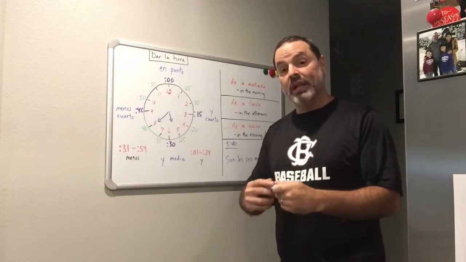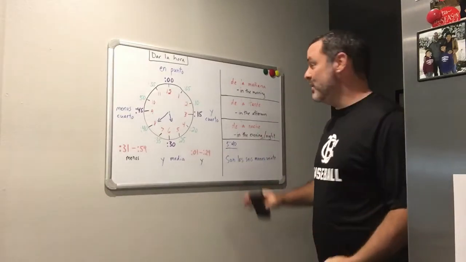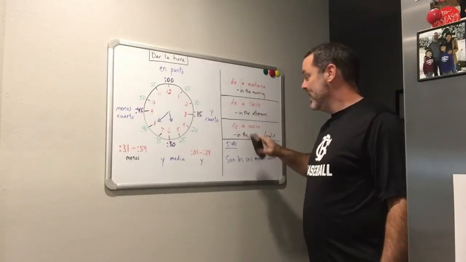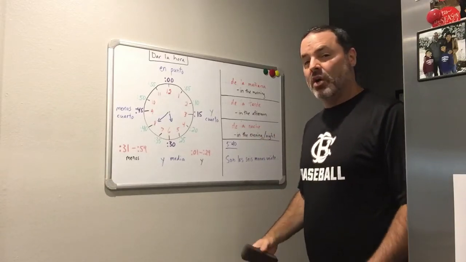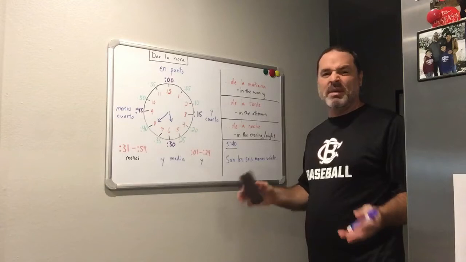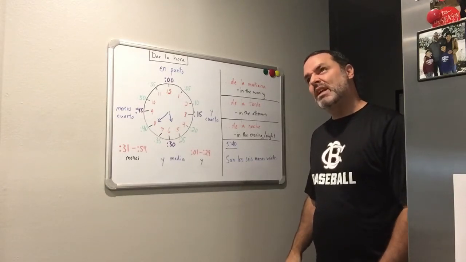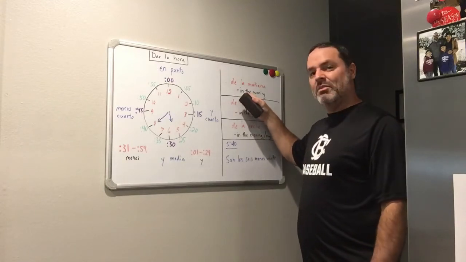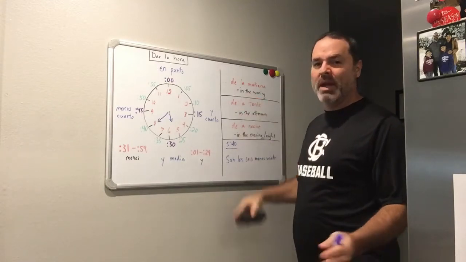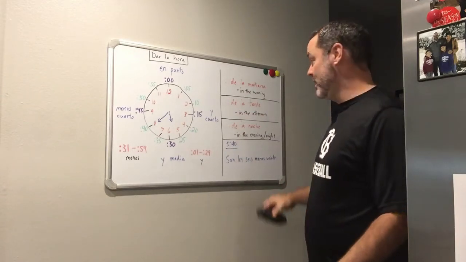Okay? Now, the last thing we're going to add to this is that we can say that a time is in the morning, in the afternoon, or in the evening or night. So basically, you want to think about maybe about 6 o'clock. Well, it really has to do a lot to do with the sun. So you would say in the morning from like maybe after midnight till noon the next day.